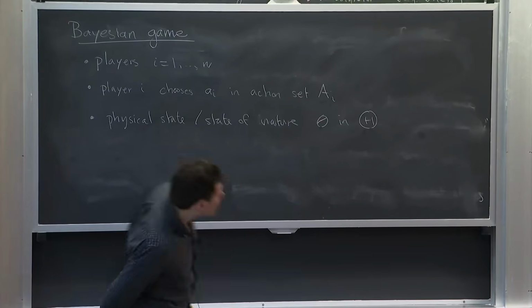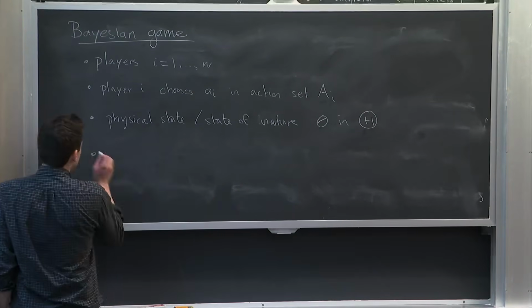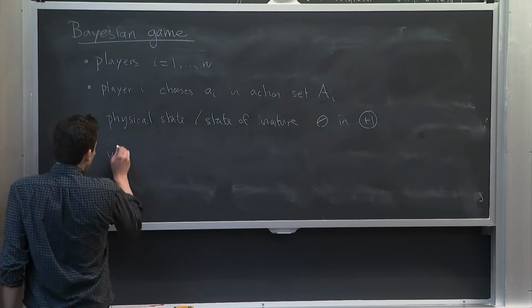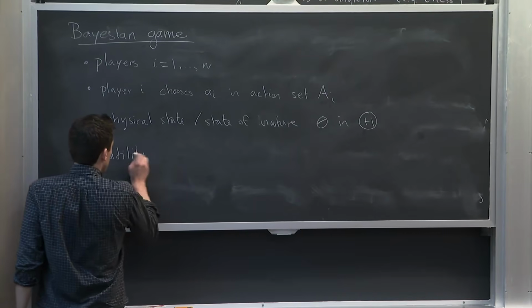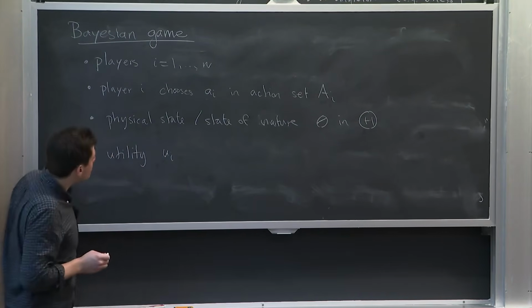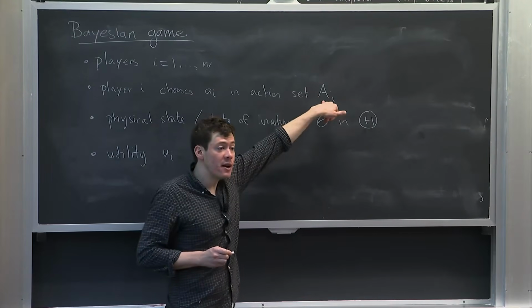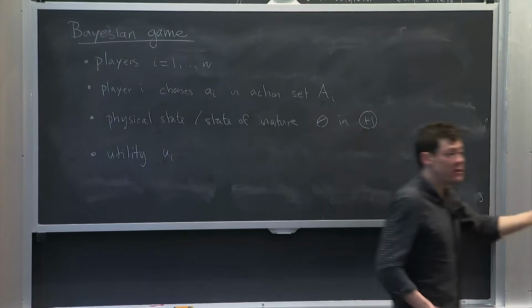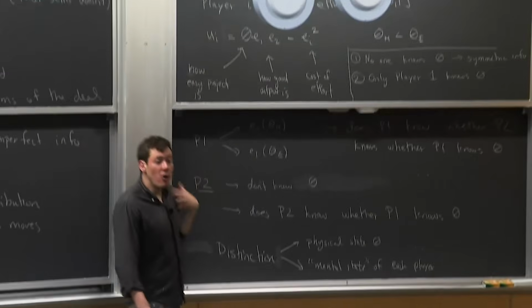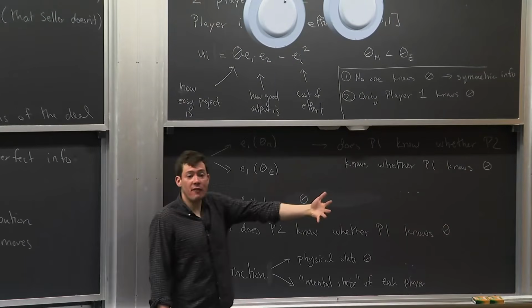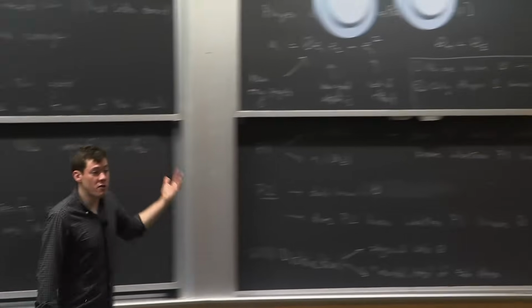And then we're going to need payoffs, just like we had over there. So then we're going to have utility for player I. This is going to depend on the actions that every player takes, but also potentially on the state of the world. So just like over here, my payoff depended on my own effort level, my opponent's effort level, and also the state of the project, how hard the project was.